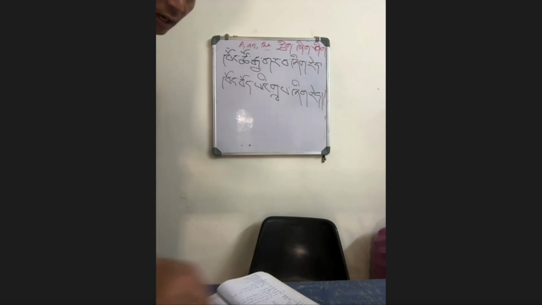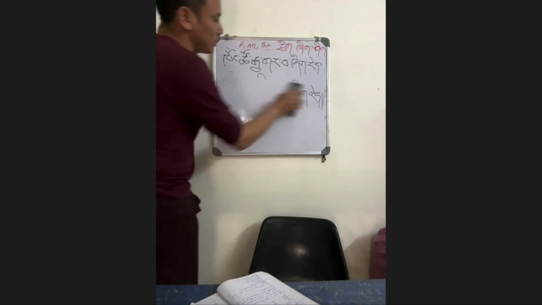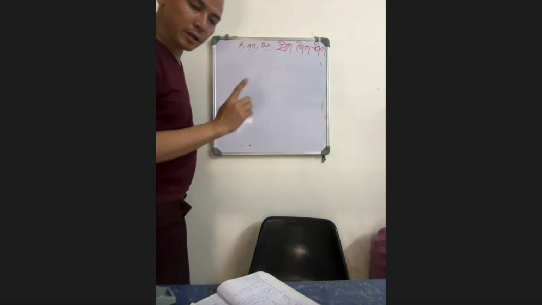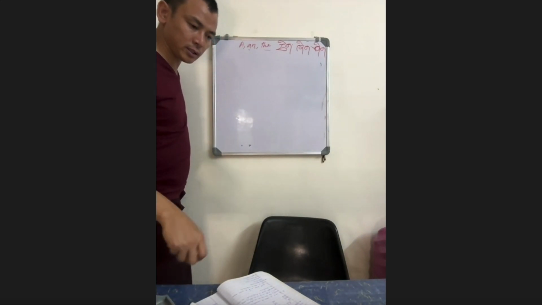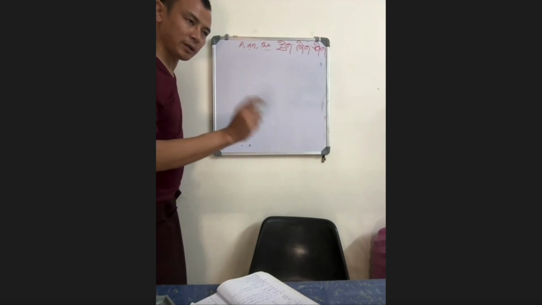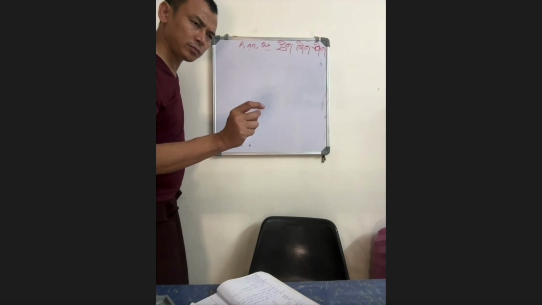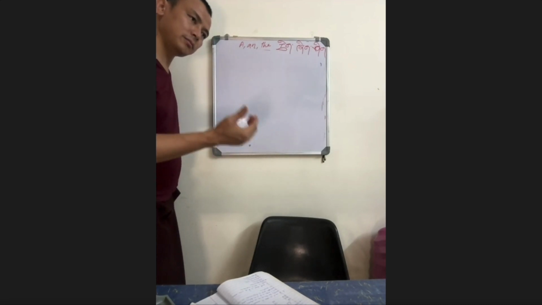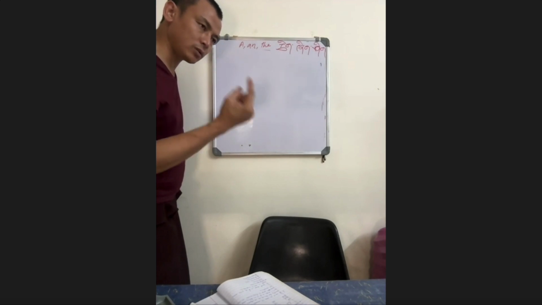Okay, so now we have 10 minutes. I will go one by one. This is a very easy one now. Okay, so please make a sentence. Don't think too much about whether it is emphasized or not. You just make it. In Tibetan, it's not like English. You just have to understand the one of the.